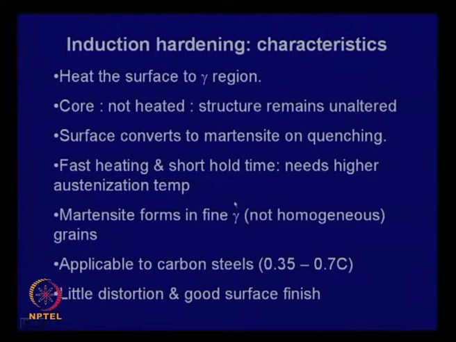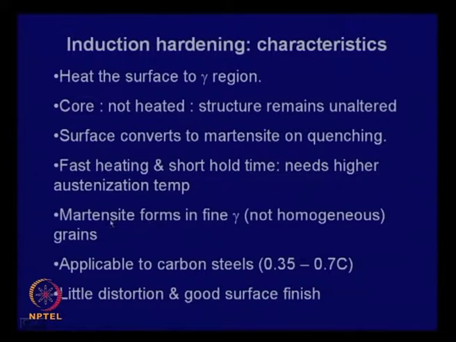To make this austenite homogeneous, we have seen that this is a diffusion controlled process. If the hold time is very short, it is quite likely that the austenite grains may not have homogeneous composition. It may have different carbon content in different regions. There may be some amount of undissolved carbides also.